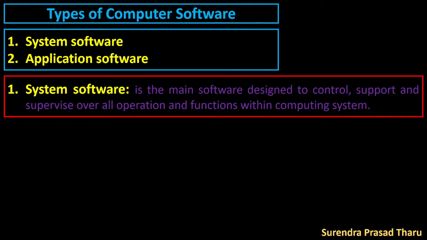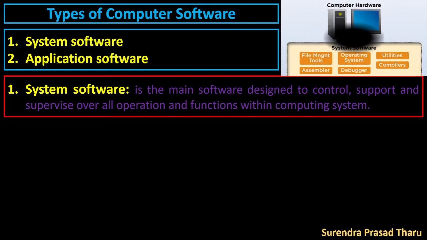Means how that system should be made workable. That is the task of system software. So system software is the main software. Without system software, that system is like a dead body.